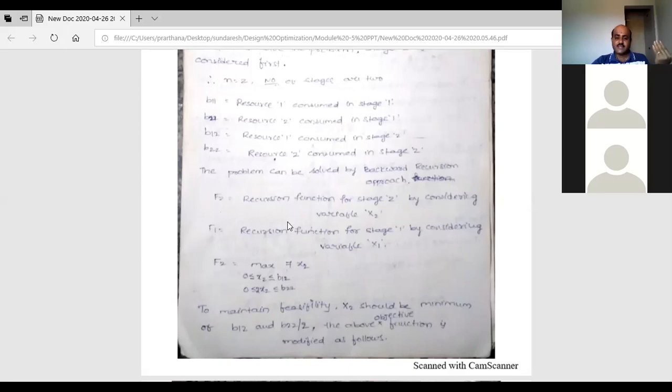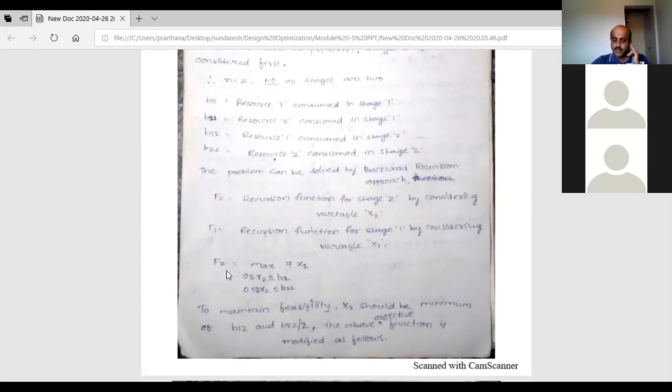Okay, next comes a very important step for us. Let us take stage 2. Because we are using a backward recursive approach, we're going to start from the backwards. So let us assign F2, the recursive function for stage 2, by considering the variable x2. We are going to start with only the last stage.